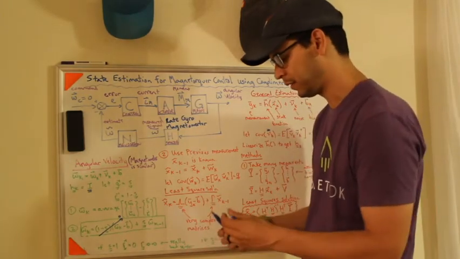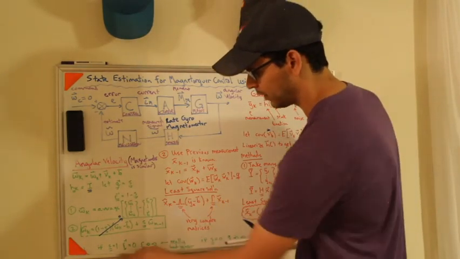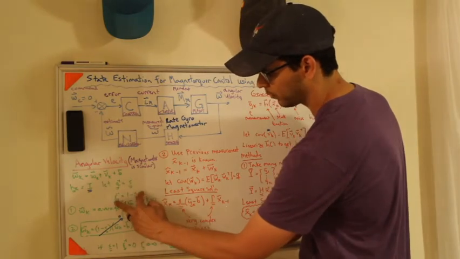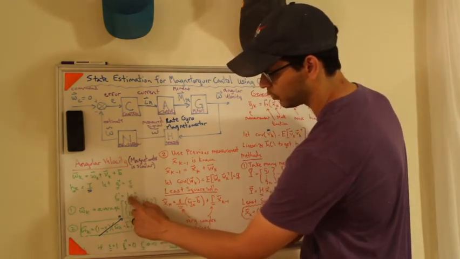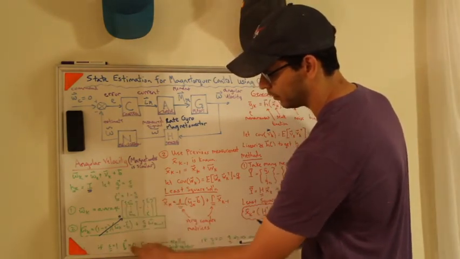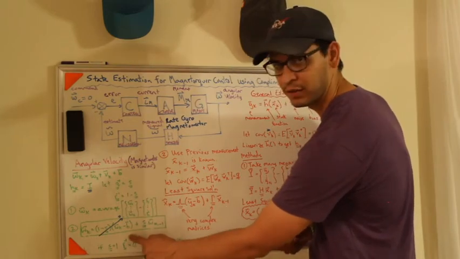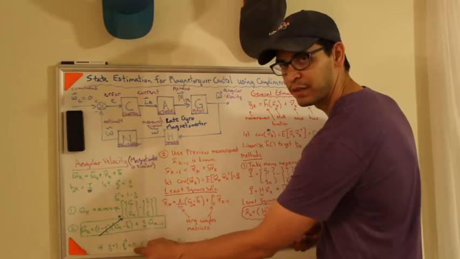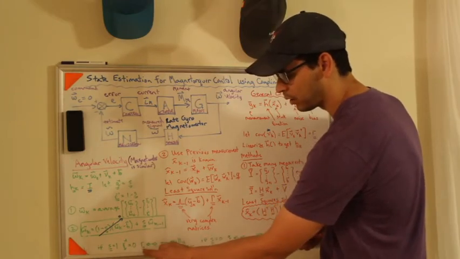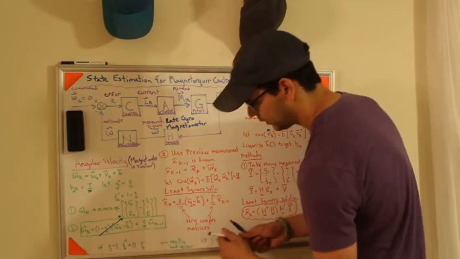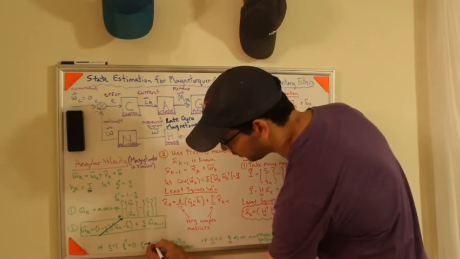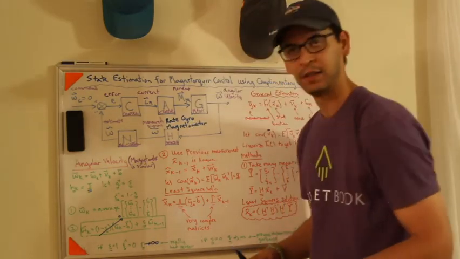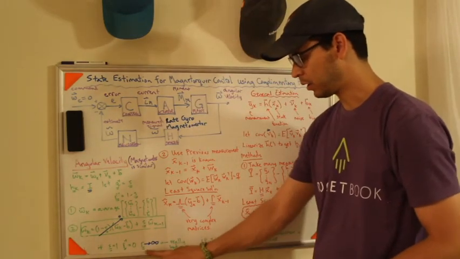If S is equal to 1, 1 minus S is 0. So that means that R inverse is 0. If R inverse is 0, it means that R is going to infinity.